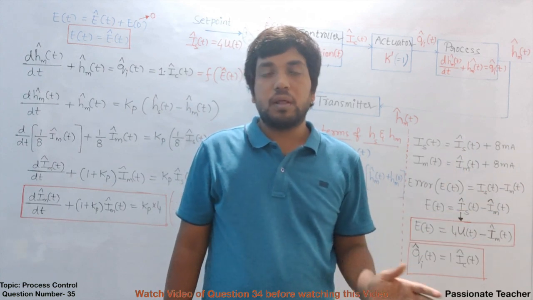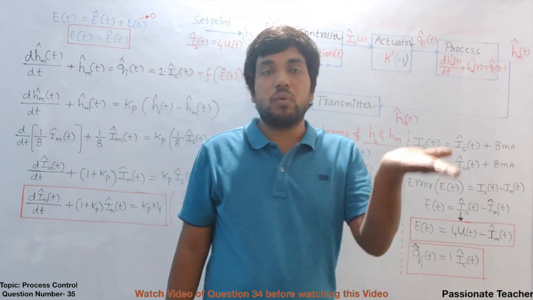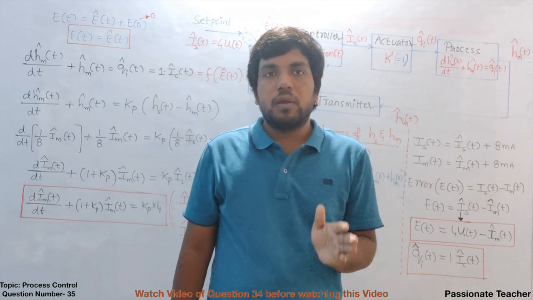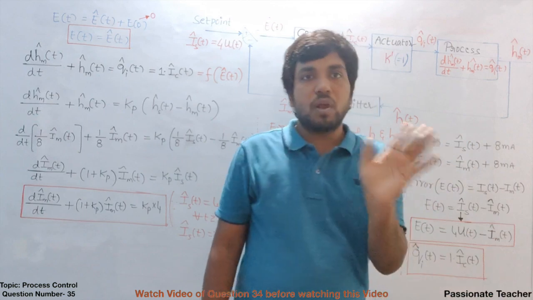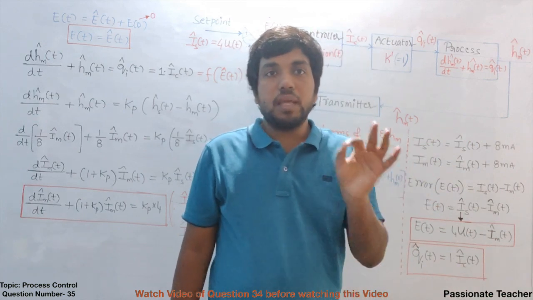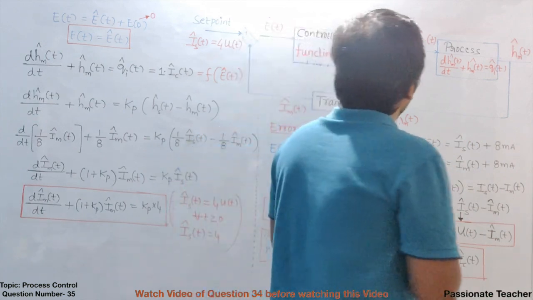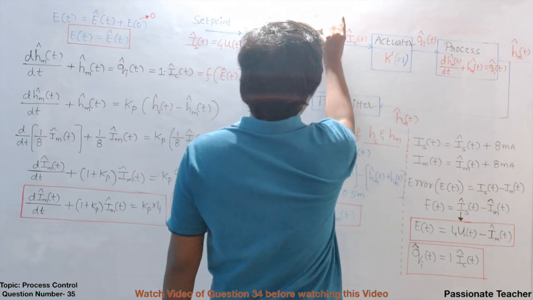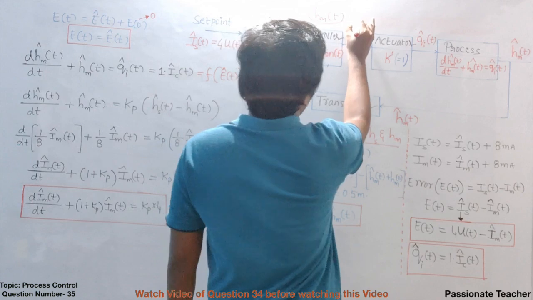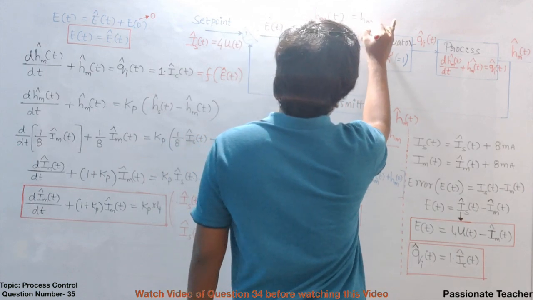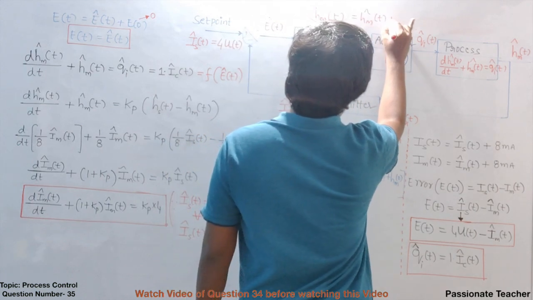Then only the total water level in the tank will become 1 meter, because we clearly know that hm cap of t is not the water level. hm of t is the water level, right? So the relation between hm of t and hm cap of t is: hm of t equals hm cap of t plus 0.5 meter.